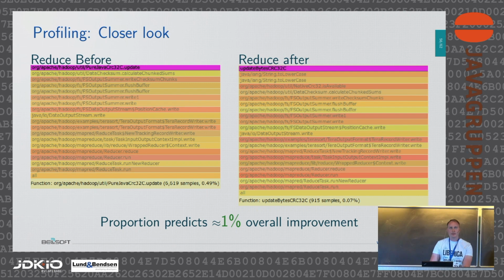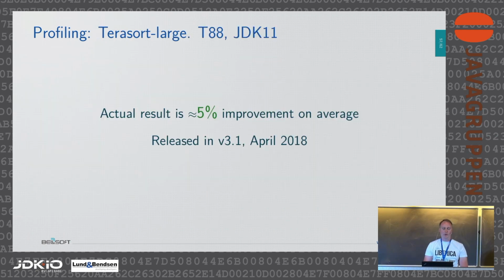That predicts a 1% improvement in a non-profiled configuration, but actually it was more. It was like 5%. Not bad. For a big workload to make 5% improvement with a single change, well, 2 changes, that's good.